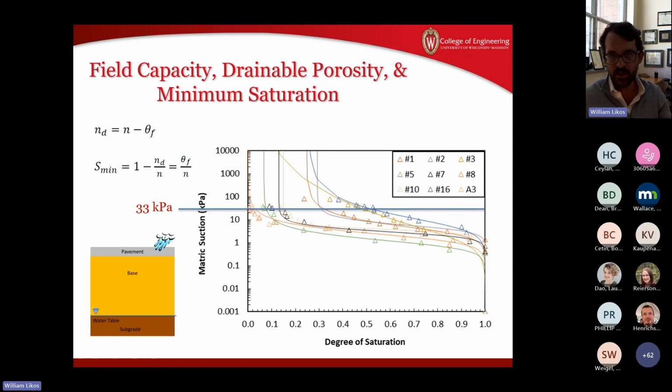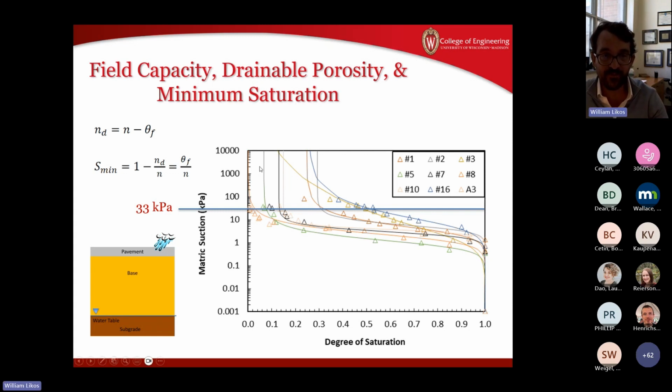That's going to have some moisture content after drainage is complete. The higher that value is, the higher the field capacity for that material. Drainable porosity, or effective porosity, is the porosity of the material minus that water content at field capacity. And then minimum saturation is the saturation corresponding to field capacity.